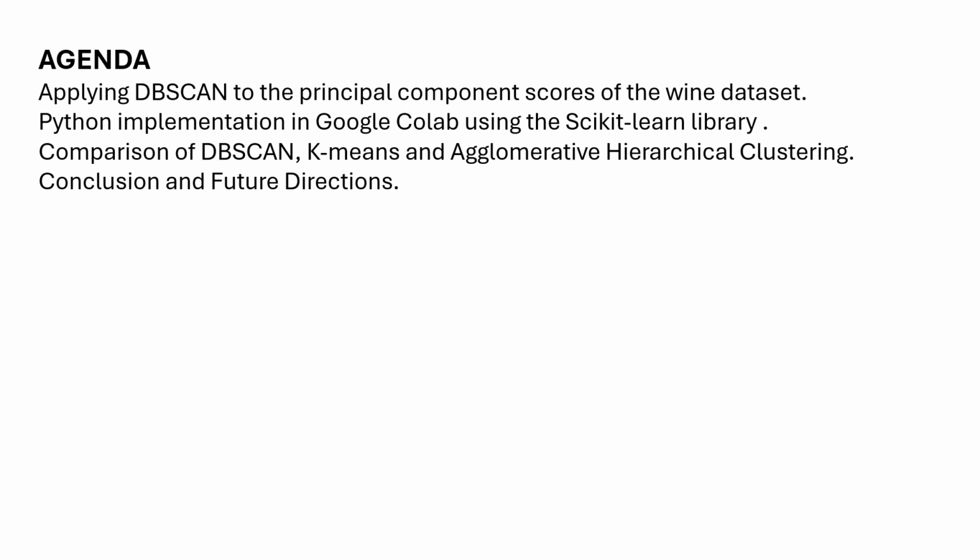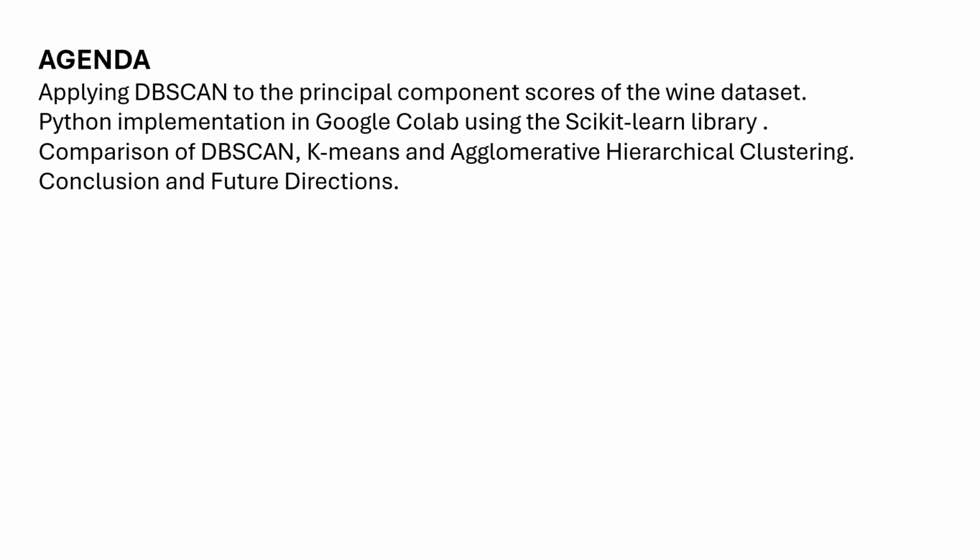In this presentation, the focus is on applying DBSCAN to the principal component scores of the wine dataset using Python and the scikit-learn library. The implementation in Google Colab is demonstrated, followed by a comparison of the clustering results with those obtained earlier using K-means and agglomerative hierarchical clustering.